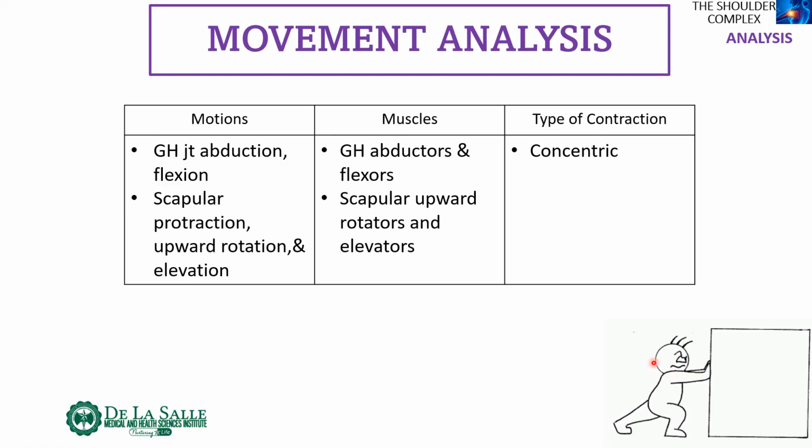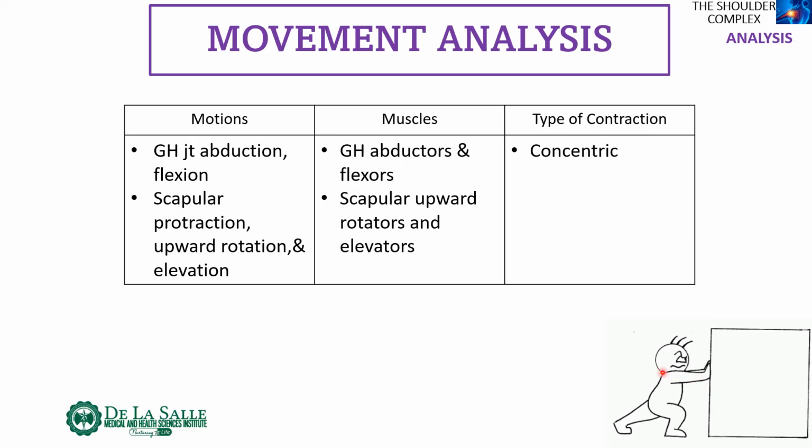As to the muscles contracting, for the scapula, we have your scapular upward rotators and your elevators. Specifically, your upper trapezius and levator scapulae, and rhomboids to a lesser extent, for the elevators. Then for the upward rotators, we have your upper trapezius, lower trapezius, and your serratus anterior.